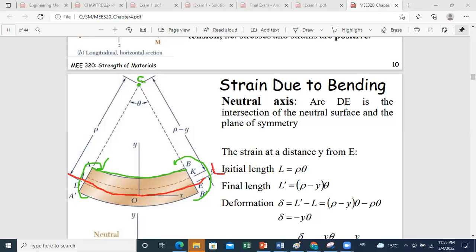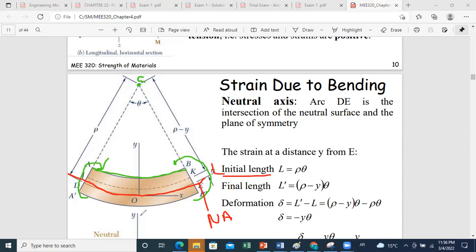But the total length at the level of the neutral axis will not change. So this is my neutral axis. And I can say that the initial length is conserved for the neutral axis only, while all other lines will undergo a change in length. So above the neutral axis, I have a reduction in length. Below it, I have an increase in length.